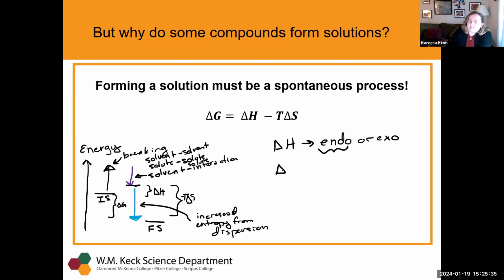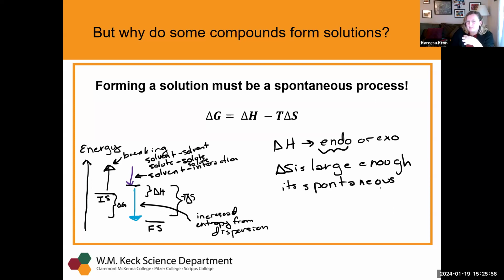But because delta S is large enough, it's still spontaneous. And so this is one example of where we would predict a solution would form.